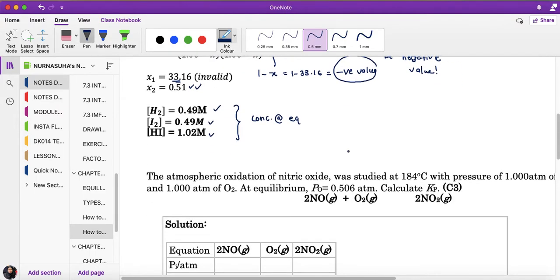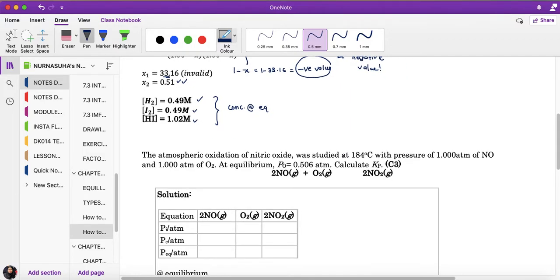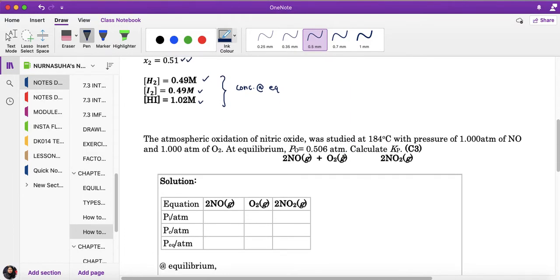Okay, so next one. Kita tengok situasi yang keempat. Okay, atmospheric oxidation of nitric oxide was studied at 184 degrees C with pressure of 1 atm of NO and 1 atm of O2. At equilibrium, partial pressure of O2 is 0.506 atm.